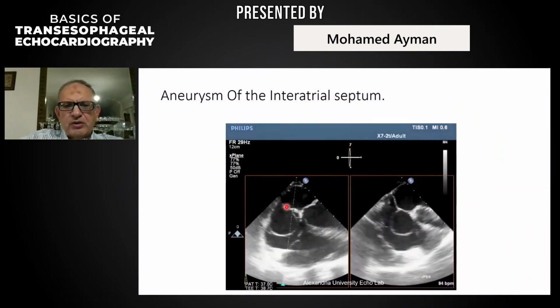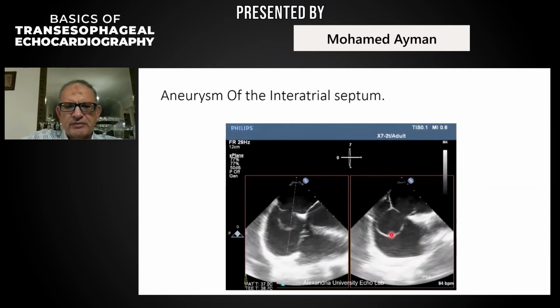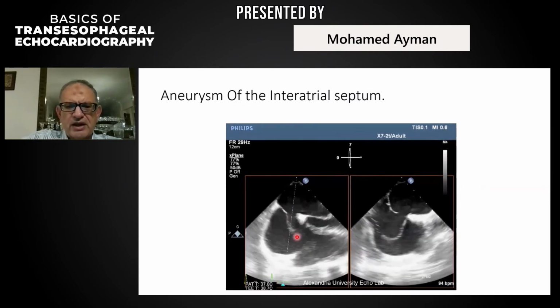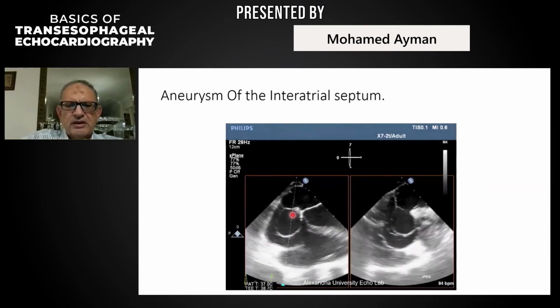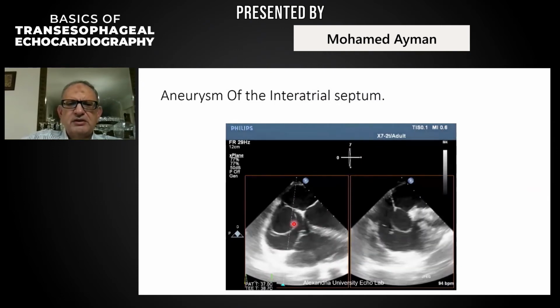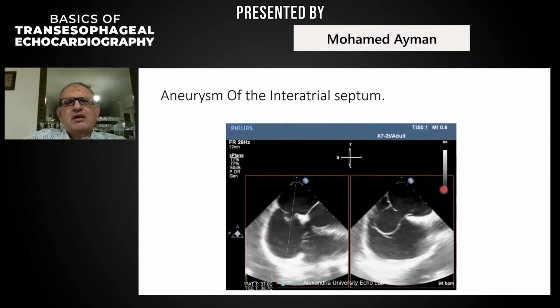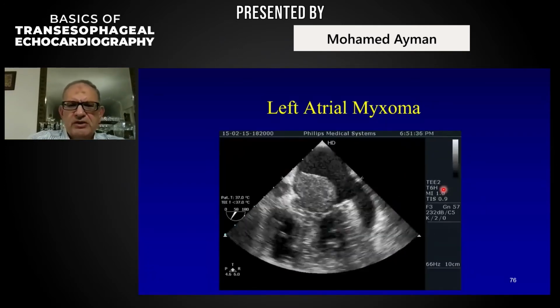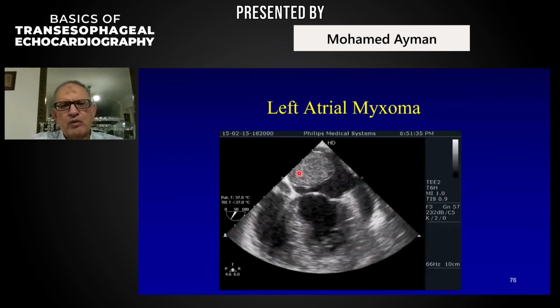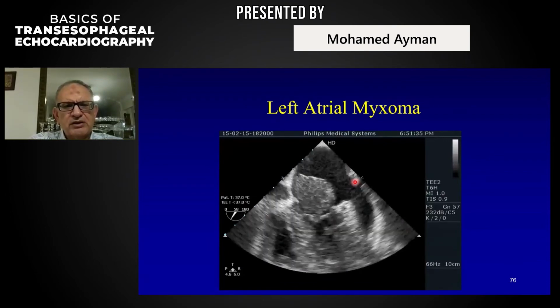Another potential source is the presence of an aneurysm of the interatrial septum. As you see here, this is an aneurysm, a good place for thrombus formation, and this could be a possible source for systemic embolizations. Here is a patient with a left atrial myxoma, a well-defined mass, no smoke, so this is not a clot.